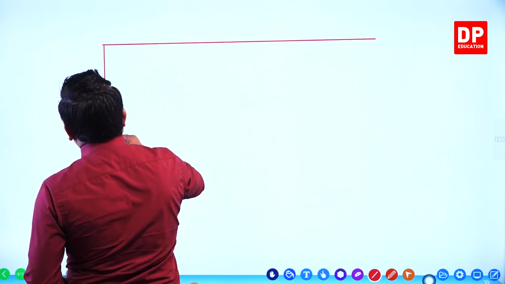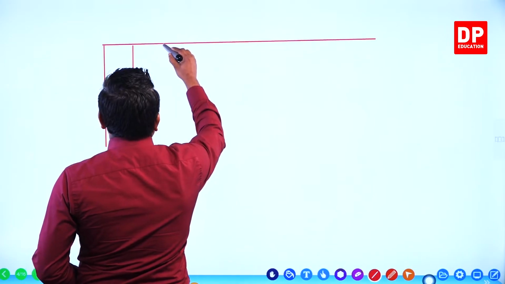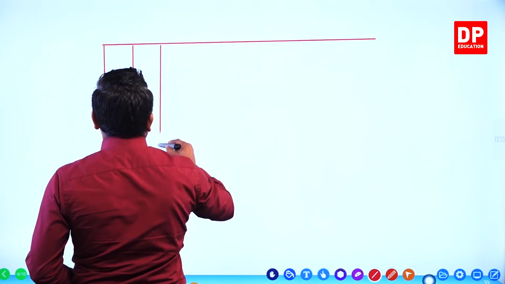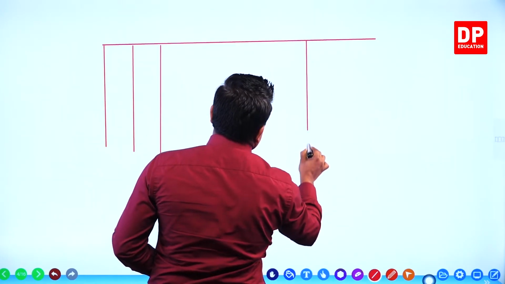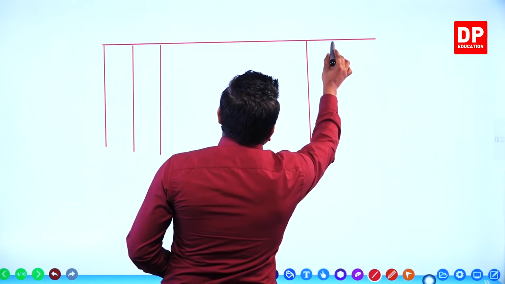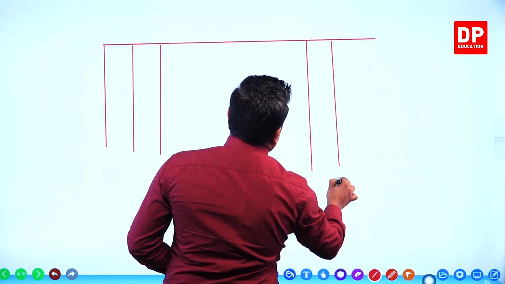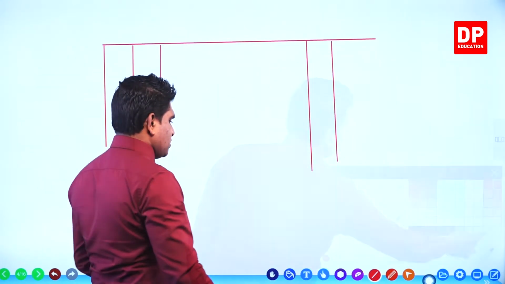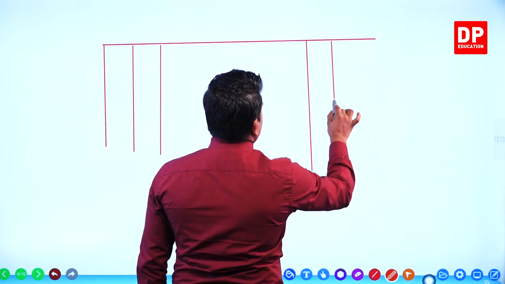Date, journal voucher, description. If you want you can add ledger page. I remove this one, right? I remove.